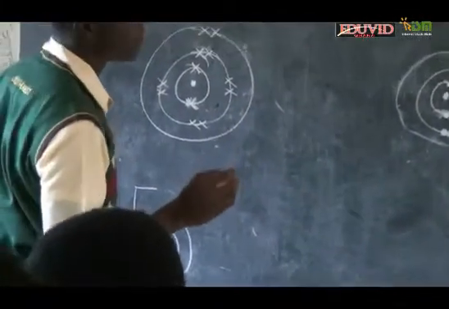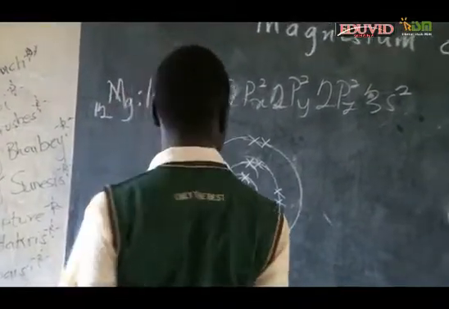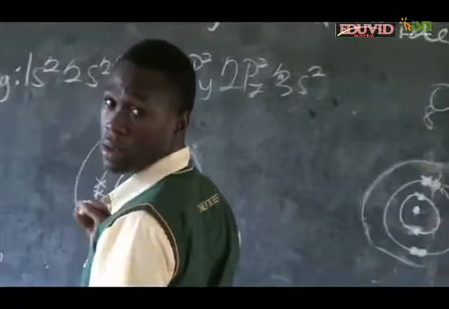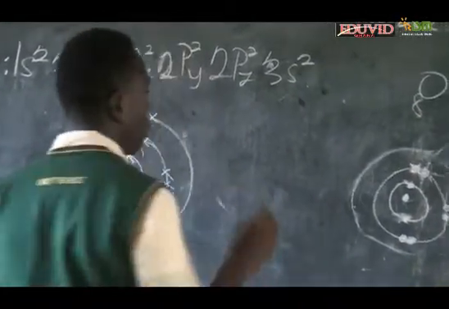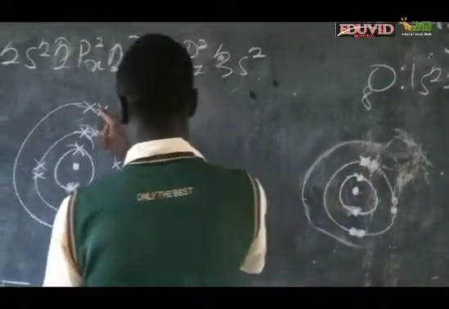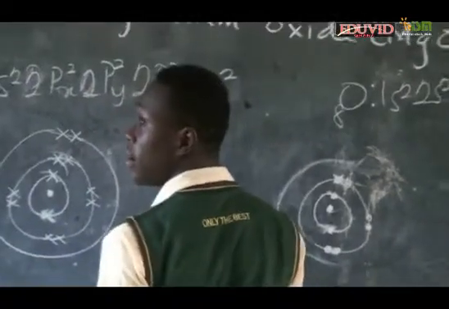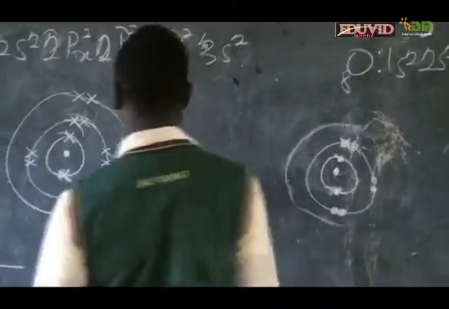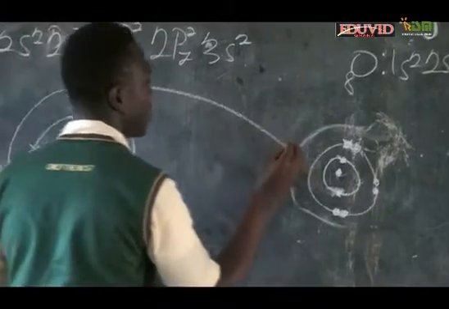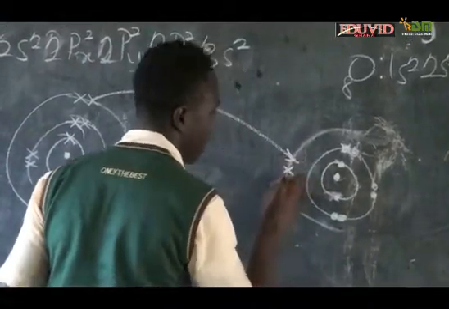Can you do the electron transfer? Not the arrow, just show the electron transfer. So the electrons move here and become crosses here.